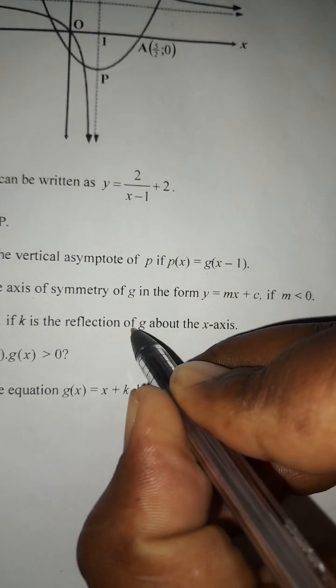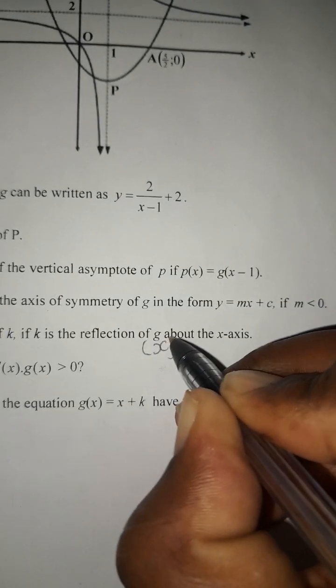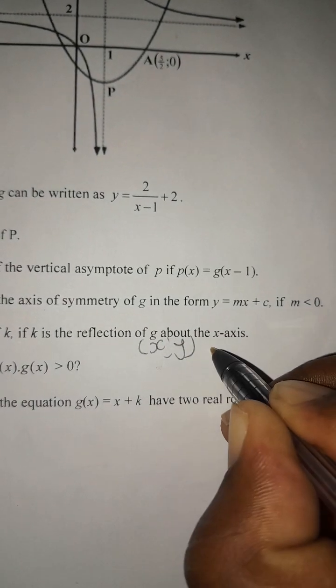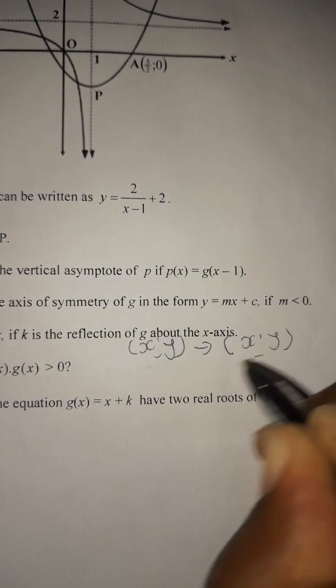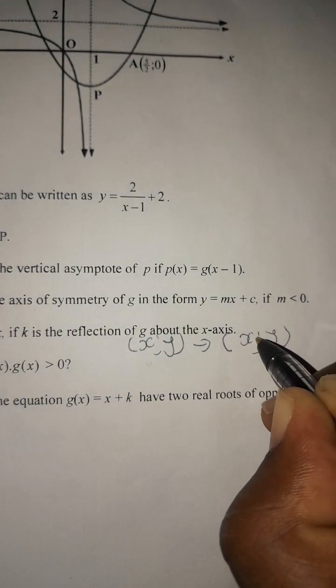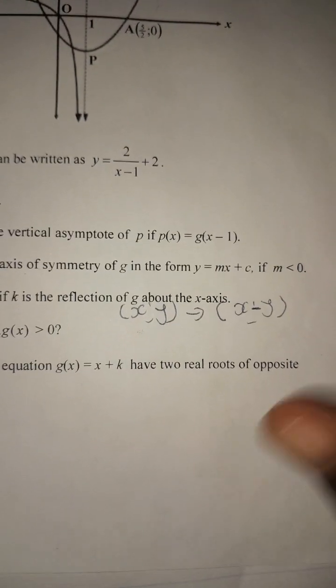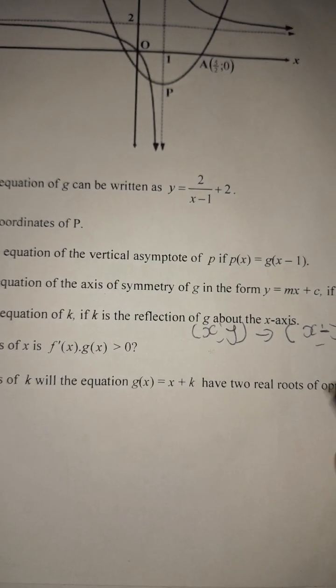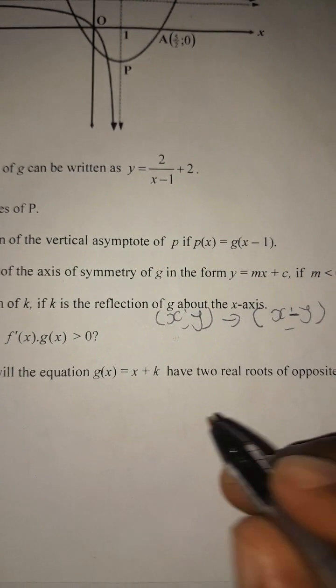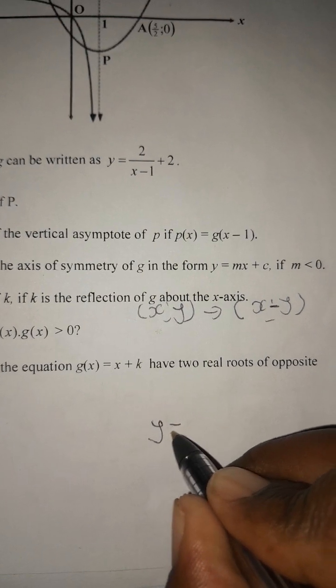So when they say it's the reflection, remember there's a rule for reflection. It's x of y, which will be x of y here. When you reflect about the x-axis, what becomes negative? It's negative y. So when we are working out the equation of g, we are going to have y.